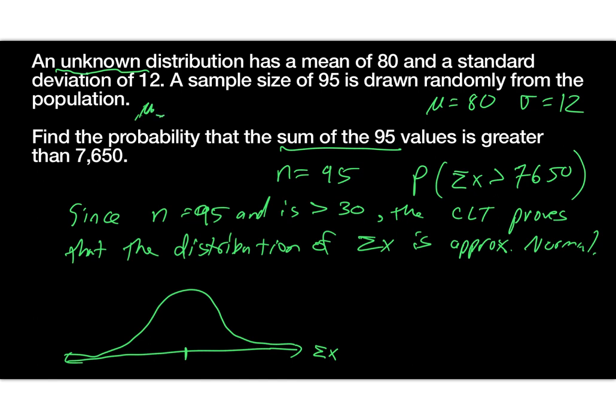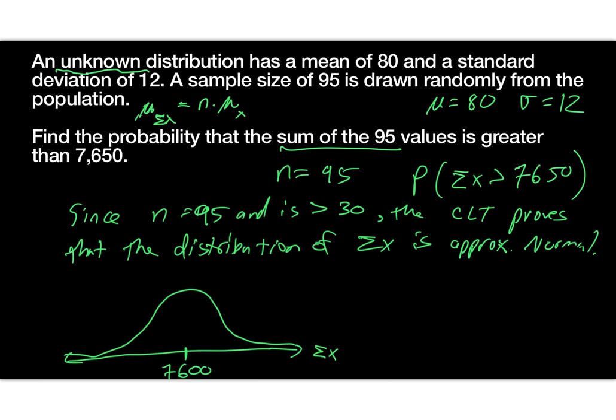The mean of the sum of x's is equal to n times the mean of x. The mean of x is 80. So the mean of 95 of them is going to be 95 times 80, which I didn't do in my head ahead of time to memorize that number. 7600. All right.